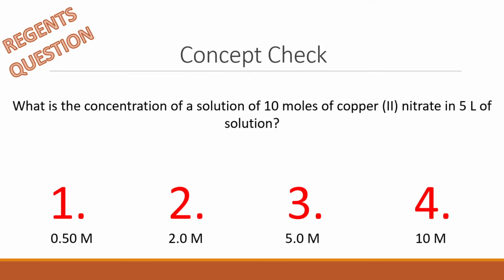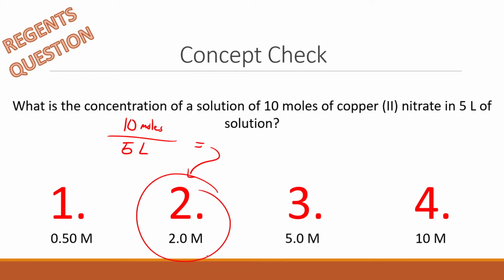Molarity is a measure of moles over liters. So 10 moles of copper nitrate in 5 liters of solution is going to give me a 2 molar solution.